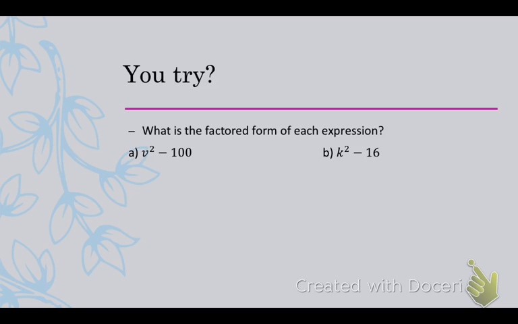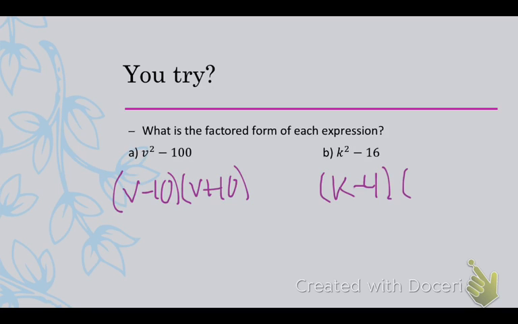Alright, pause the video and check back in with me in a second. Alright, so you should have had v minus 10 and v plus 10, and then k minus 4 and k plus 4.